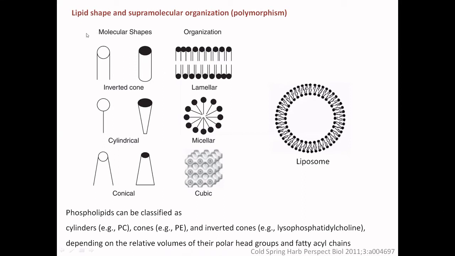So here, based on the molecular shape, these are inverted cones. These are the cylinder types.